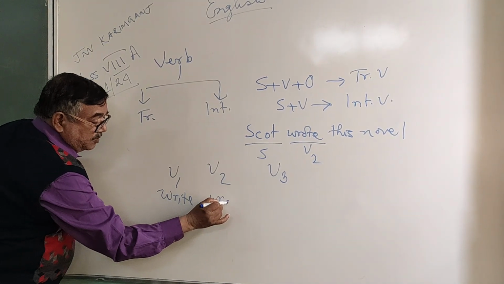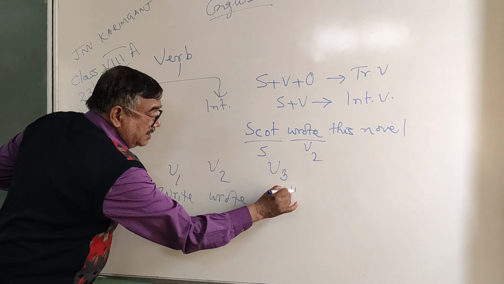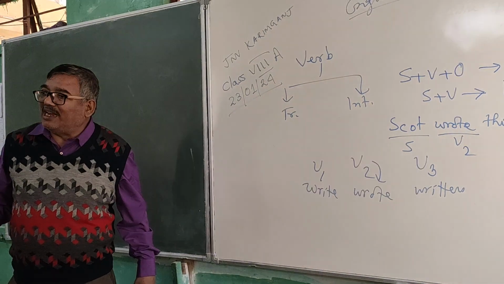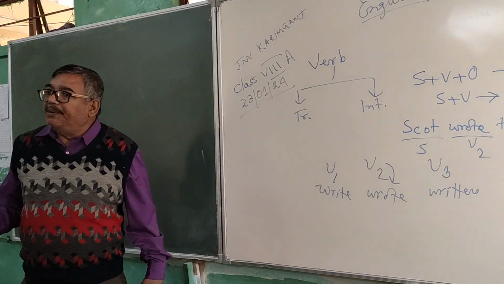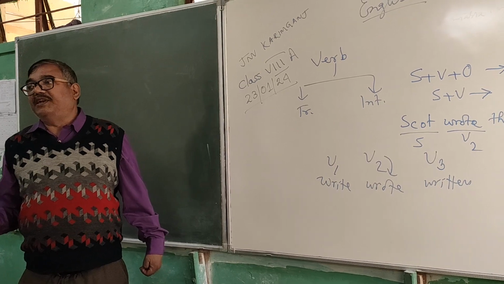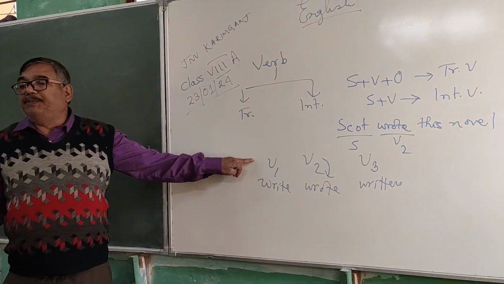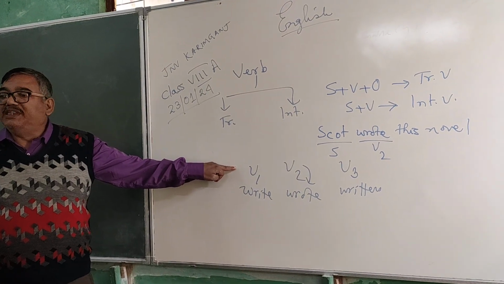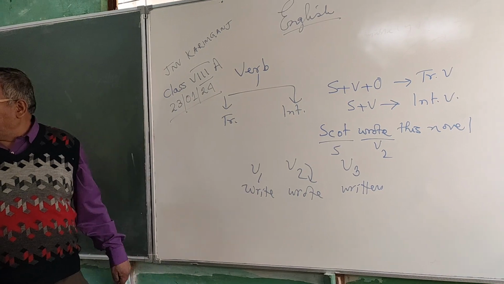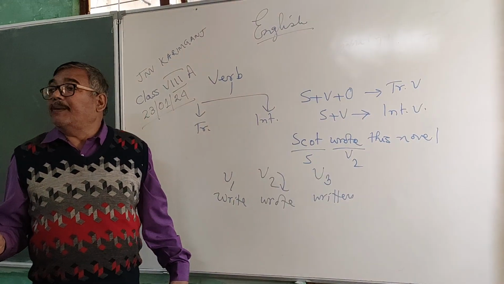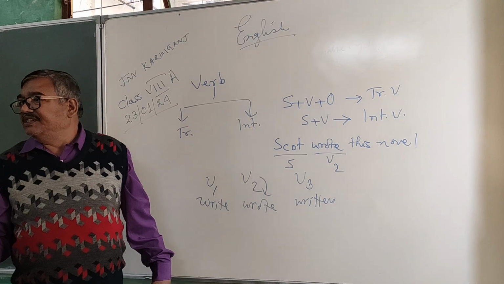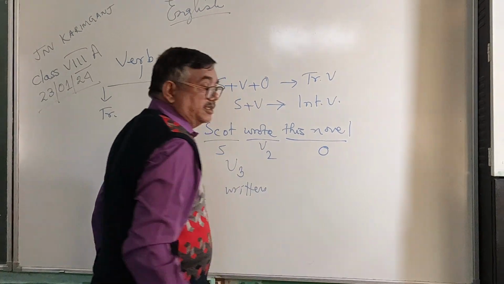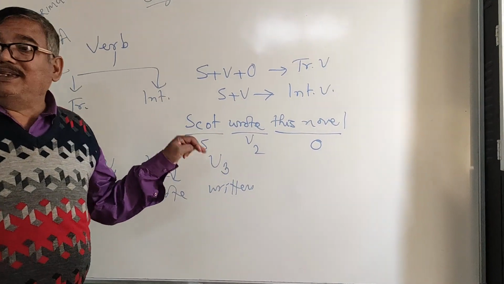If the position of the verb is below V base 2, then at once we'll come to the conclusion that the verb is in the simple past tense or past indefinite tense. If the position of the verb is below V base 1, then at once we'll come to the conclusion that the verb is in the simple present tense or present indefinite tense. And V base 3 is the past participle form of the verb. So, Scott wrote this novel, this is the object. What did Scott write? This novel.